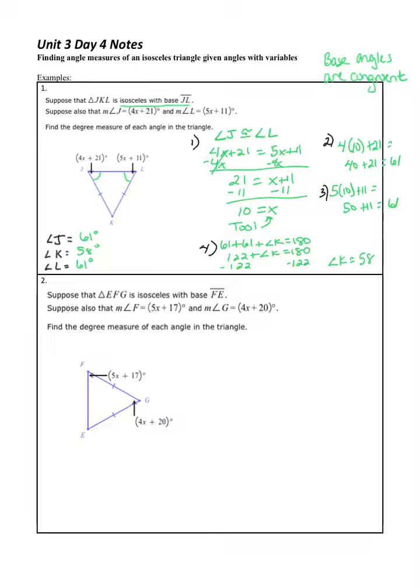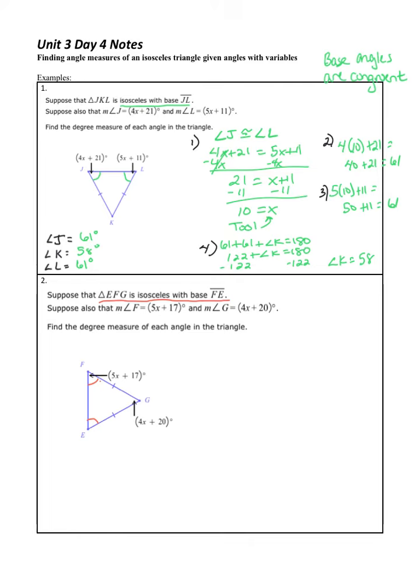All right, we're going to go to a different color. Number 2. We know that EFG is isosceles with base FE. Tells me that angle F and angle E are congruent. Now I have equations for the measures of angle F and the measure of angle G. I need to find the degree measure of all the angles.